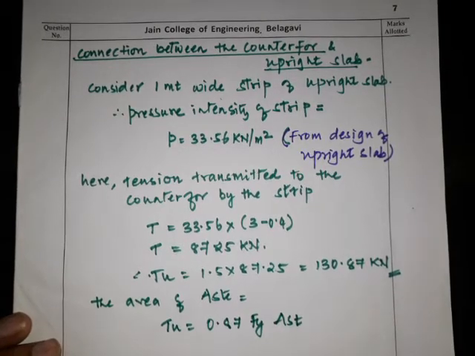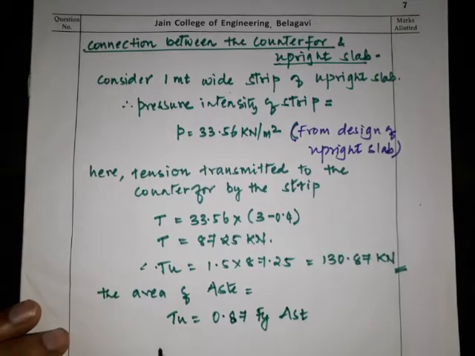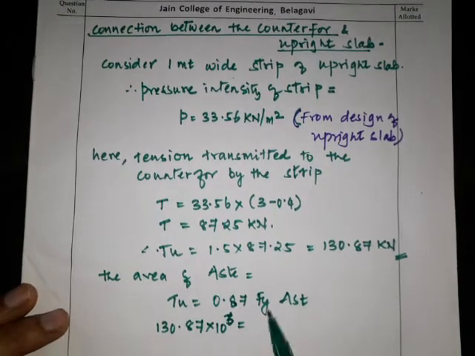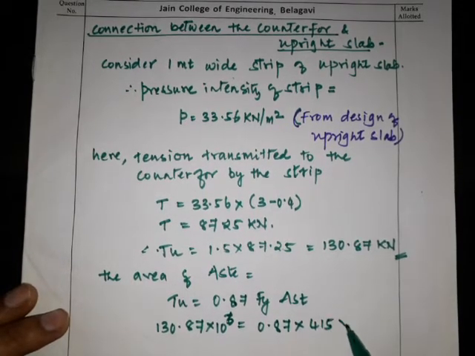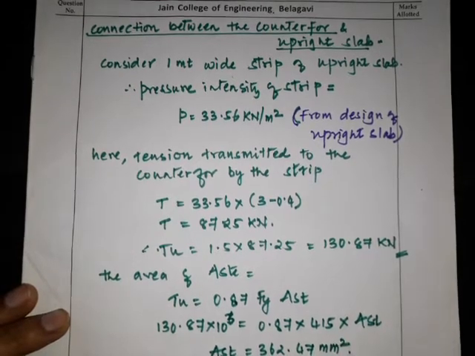We have TU is equal to 130.87 into 10 to 3, because the force is in kilonewton, is equal to 0.87 into Fy, which is 415, into AST. Find AST from this. So we get AST is equal to 362.47 mm square.